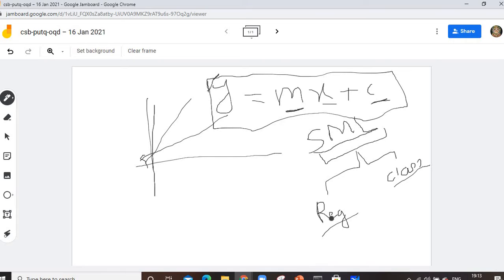What is regression? हम कहाँ से पता चलेगा, where can you understand this problem is a regression? If my dependent variable y has continuous numbers like 16.5 or 17.2, like this way. For example, I want to predict what will be the score of a particular student.